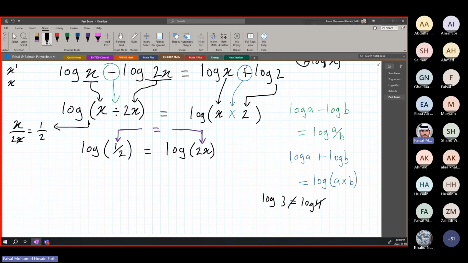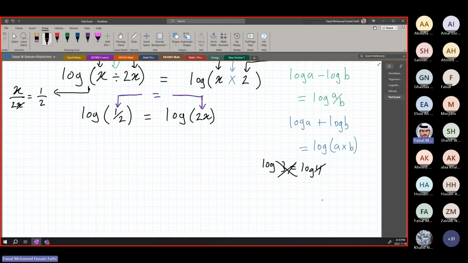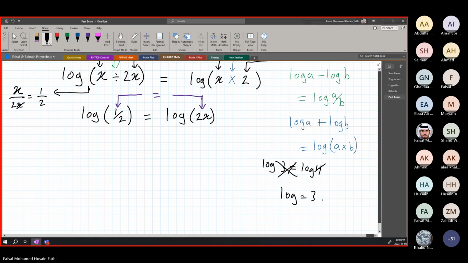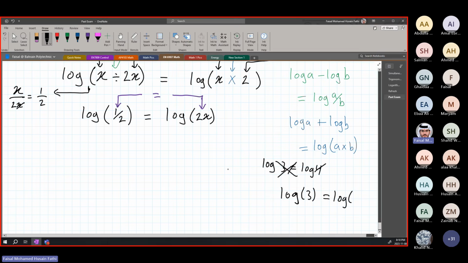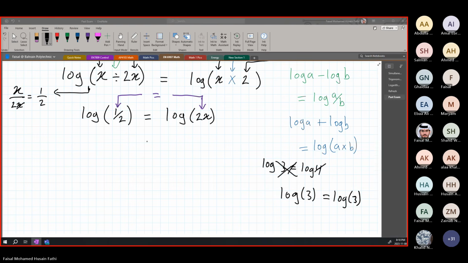We have to say log of 3 is equal to log of 3. It's the same application of log. So these have to be equal. This is the exact same thing we are doing here. We are simply saying log of half is equal to log of 2x. So half has to be equal to 2x.